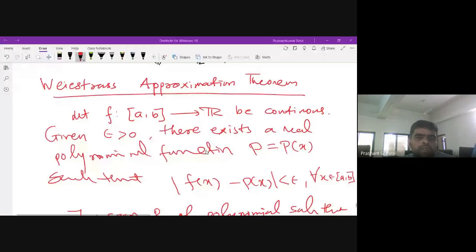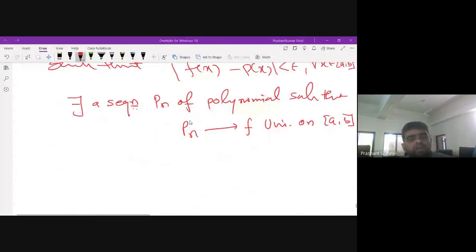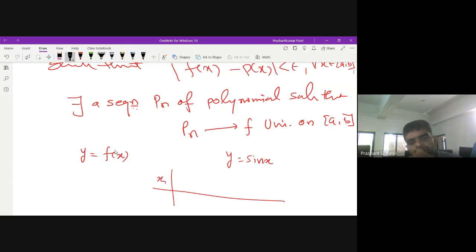Now let us understand the meaning of the Weierstrass's approximation theorem, as I discussed in the previous lecture. If you want to plot a graph of a function y equal to f of x, let's say y equal to sin x, then we will plot some points x and y, and correspondingly find the values.